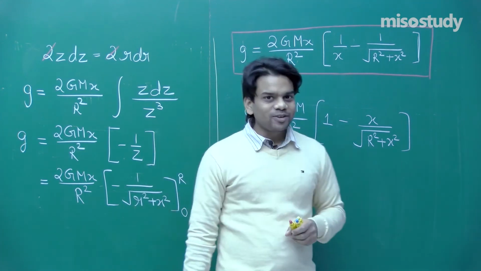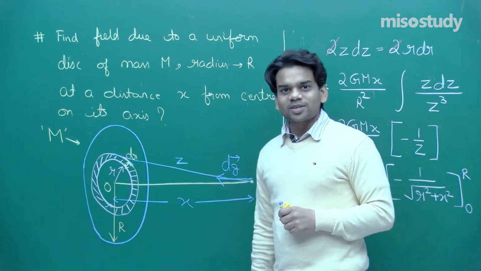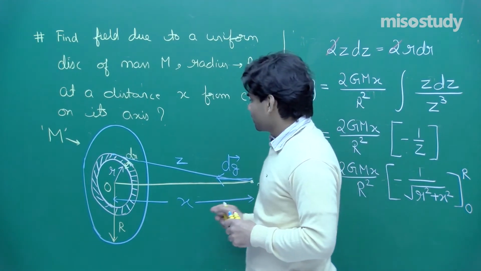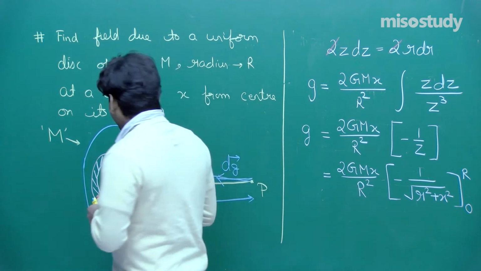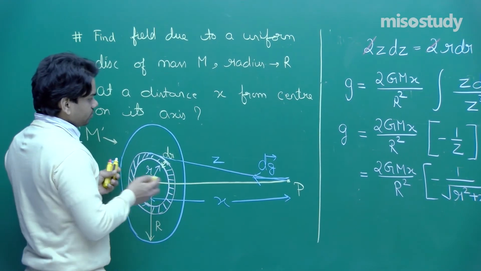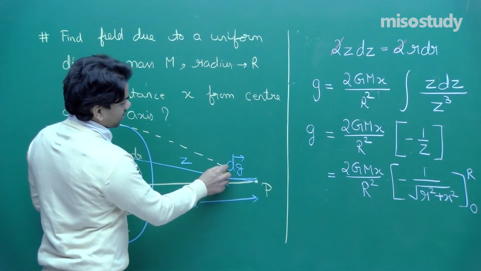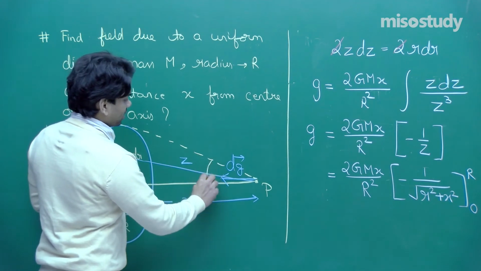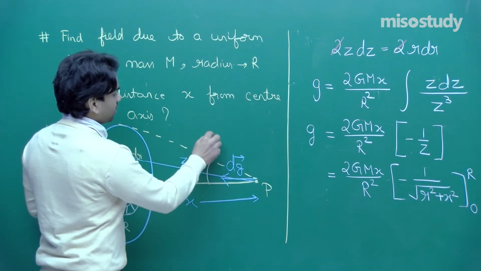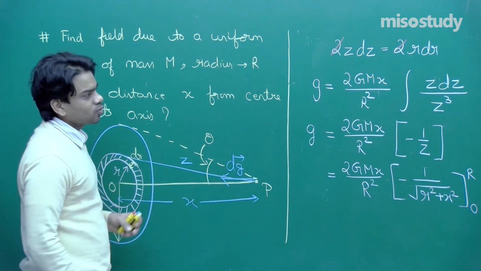Switch to the diagram. I'll try to show you how simple we can show it. 1 minus x upon under root r square plus x square. So x upon under root r square plus x square, if I connect these 2 points, if I connect this point and this point, and let me say that this angle is theta. So can I write cos theta as x upon this length, that is under root r square plus x square.